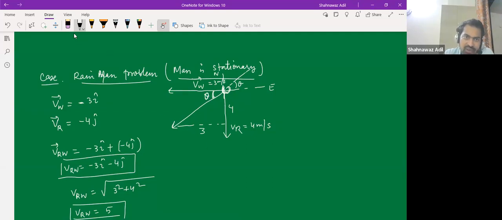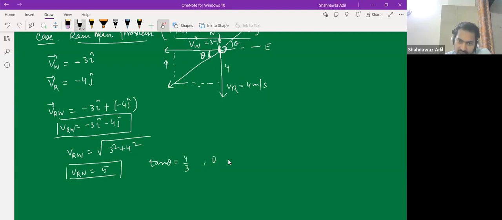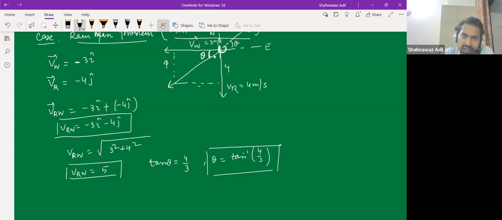So tan theta would be 4/3, and theta is tan inverse 4/3.